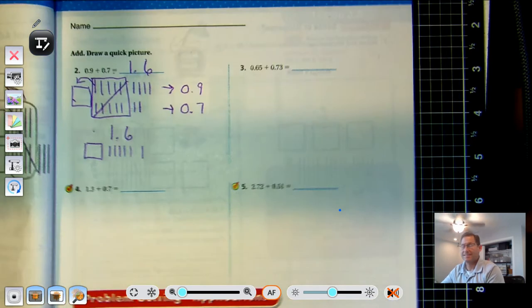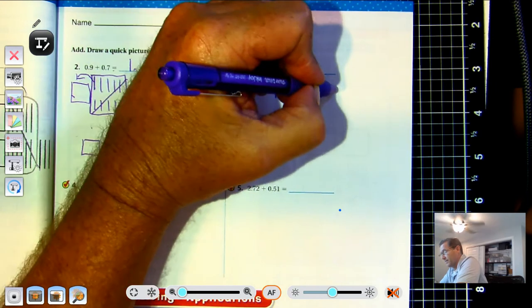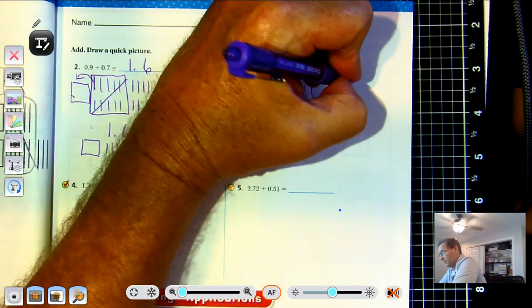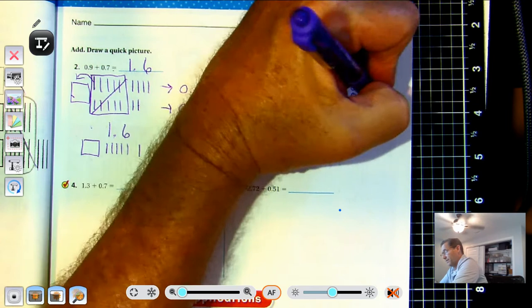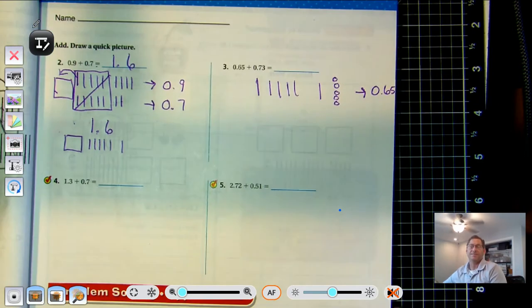Okay, number 3, 65 hundredths. So I modeled 65 hundredths and 73 hundredths.